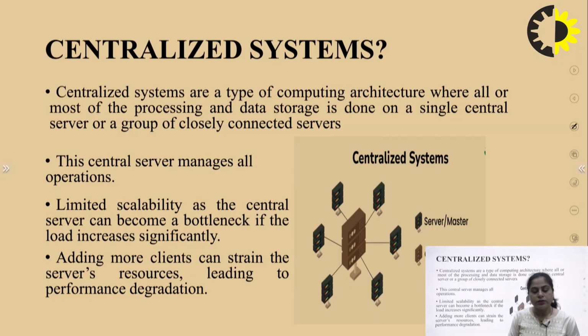That central server has the authority to control the transactions and manages all operations. Limited scalability, as the central server can become a bottleneck if the load increases significantly. Adding more clients can strain the server's resources, leading to performance degradation.